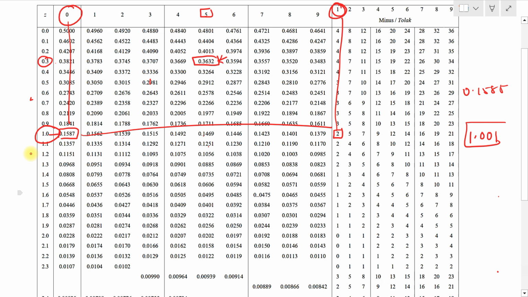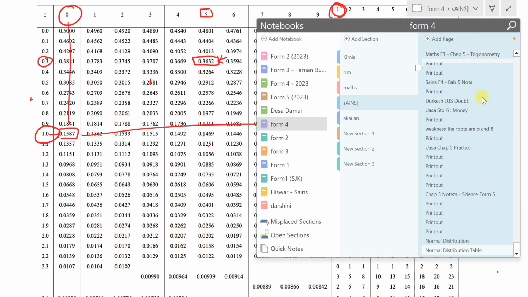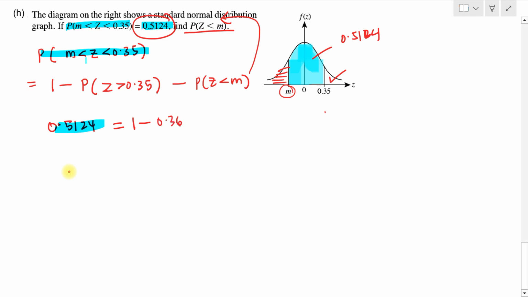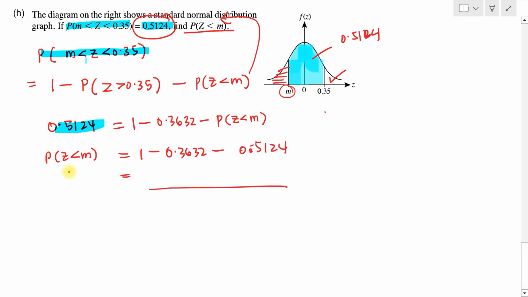So this one is 0.3632. 0.3632 minus probability z less than m. That's what we can write here. Then bring the probability z less than m to the front. 1 minus 0.3632, and then 0.5124 you bring to the back, and then get the answer.